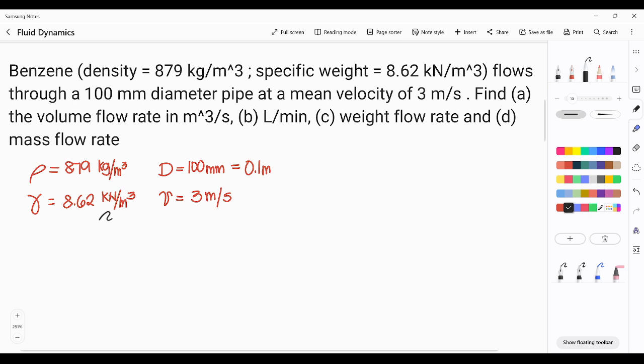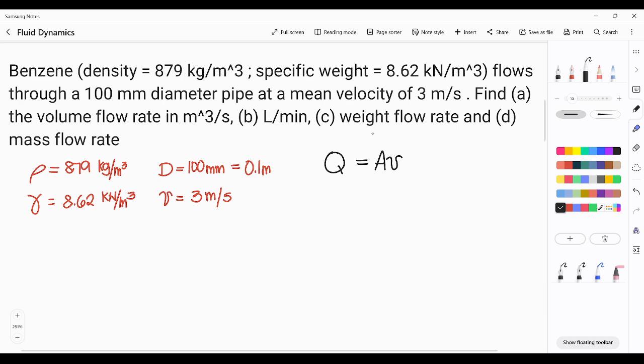First, let's find the volume flow rate. The formula for the volume flow rate, denoted by Q, is equal to the cross-sectional area where the fluid will flow, multiplied by the mean velocity of the flow of the fluid.